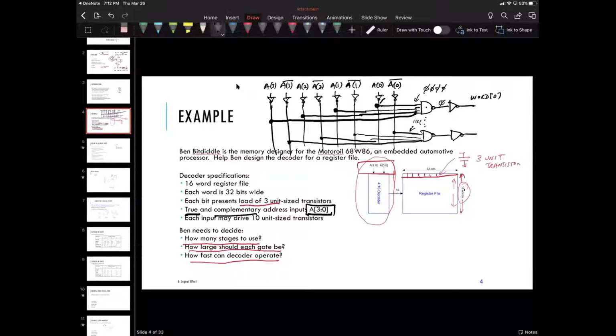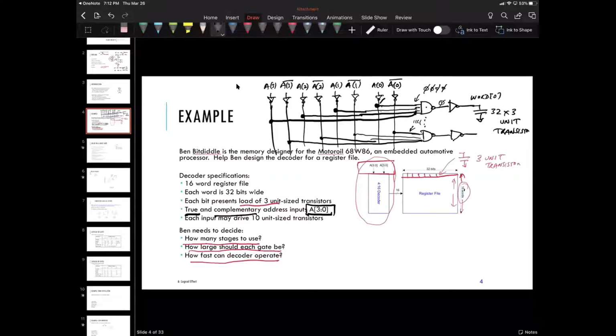But then we also have to worry about the fact that we're driving lines where each line has 32 bits, and each one of them has the capacitance of 3 unit transistors. So we'll have this capacitor that the inverter needs to drive. Now, we've got the timing of this A0, this inverter here.